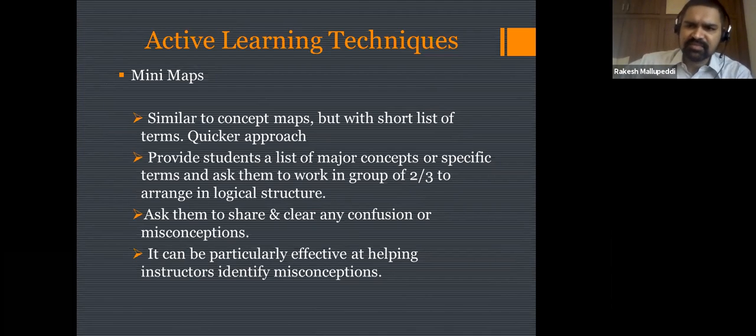Sometimes for some concepts, there will be confusion or different understanding between students. So you can clear them up when you see their map or what they're doing, and students will correct themselves. Again, all the activities that we are mentioning here are learner-centric activities that we are giving out.